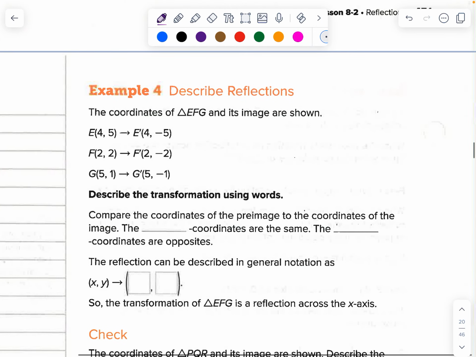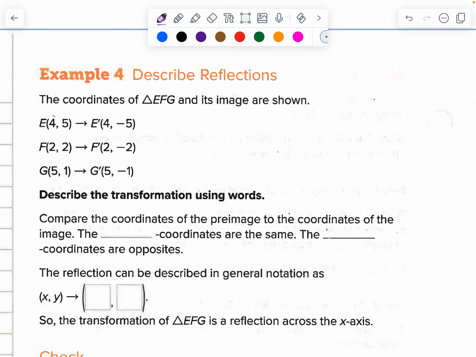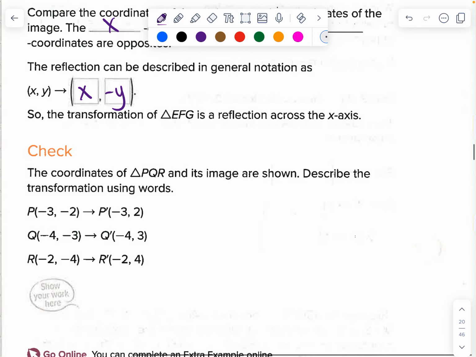Okay. Describe the reflection. So if I look at my x's, the x's stay exactly the same. The y is the opposite. So x is the same and the y is opposite. So there we go. That means it's over the x-axis.